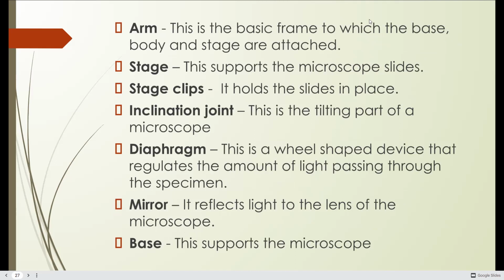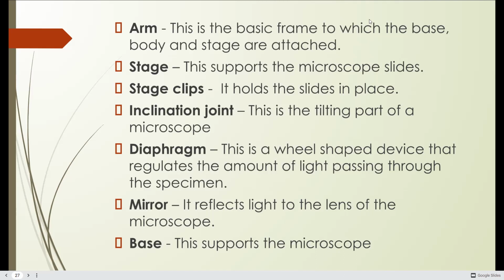Arm. This is the basic frame to which the base, body, and stage are attached. Stage. This supports the microscope slides. It holds the slides in place.